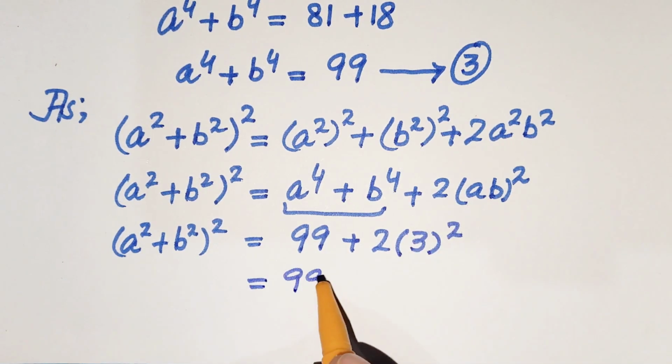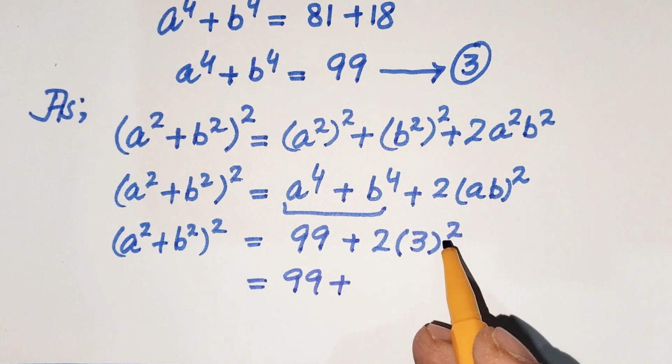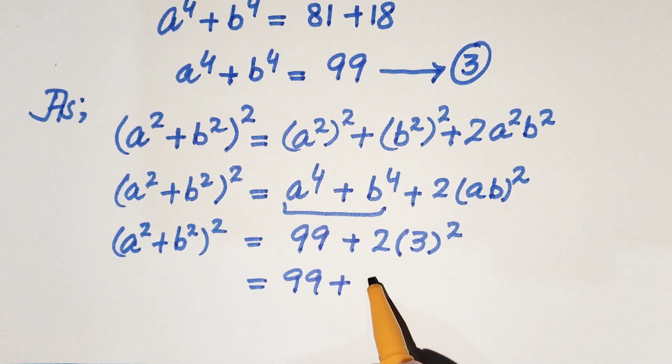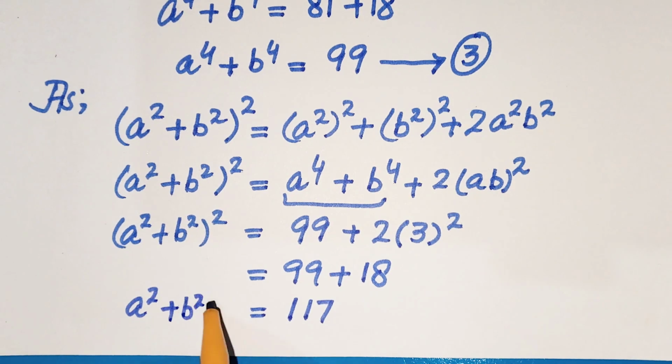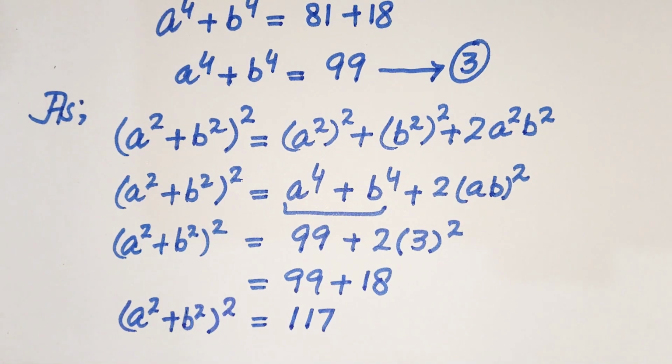Now 99 plus 3 squared is 9, and 9 times 2 we get 18. So by adding, we have 99 plus 18, we get 117. So a squared plus b squared whole squared is equal to 117.